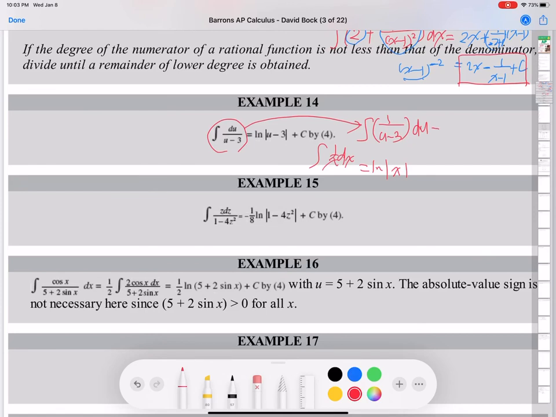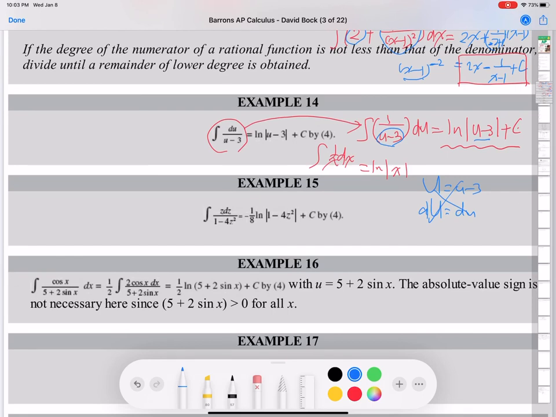That's why this is ln absolute value of (u minus 3) plus c. This is the answer. It's kind of u-substitution. This part is going to be the u part, right? But here large U equals small u minus 3. What about the derivative? dU is equal to du. That's why you ignore that part and can use it directly, because the derivative of the u part is 1.